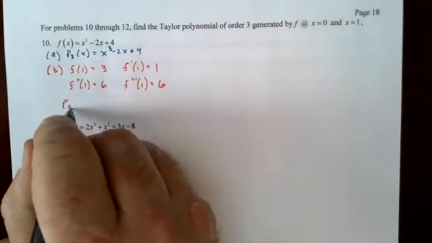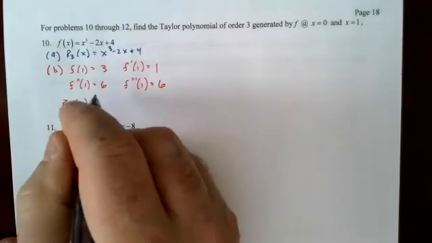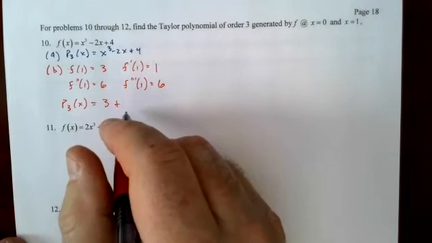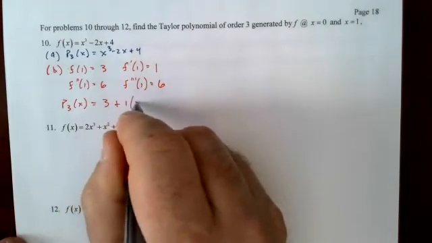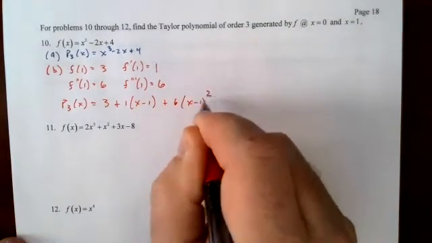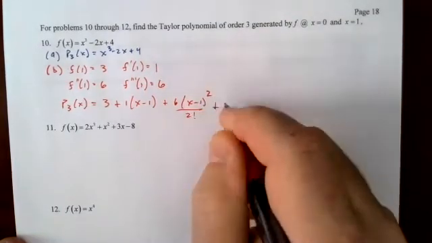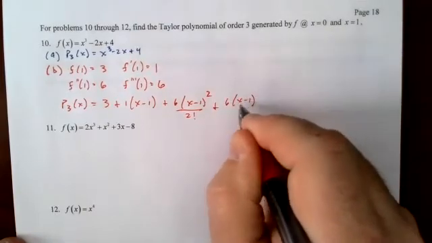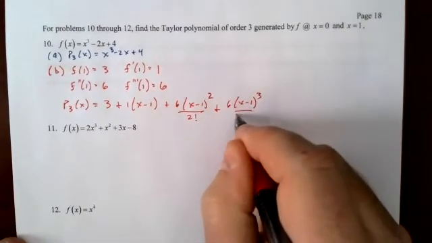So the third degree polynomial equals 3 plus 1 times x minus 1 plus 6 times (x minus 1) squared over 2 factorial plus 6 (x minus 1) cubed over 3 factorial.